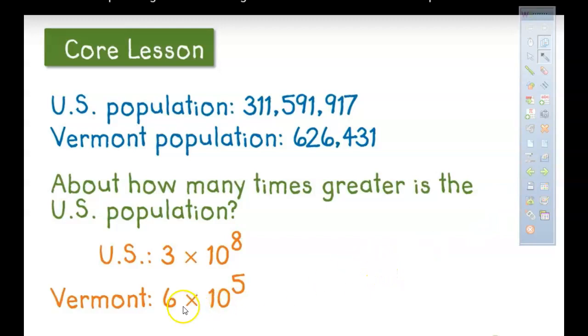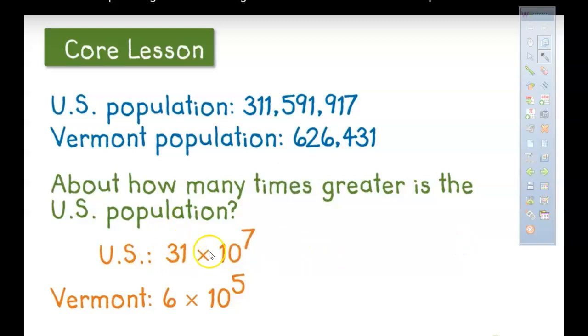Now you'll see we have a little problem here, which is that even though the U.S. is the larger one, its whole number, 3, is smaller than Vermont's whole number, 6. So what we'll do to get around this is we'll actually use 2 digits rather than 1 for the U.S. You're going to see how they change this to 31 instead of 3. But then we don't need to move the decimal point as far to get it to where it really is.